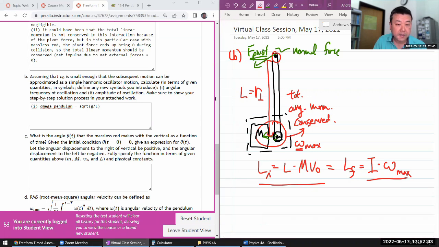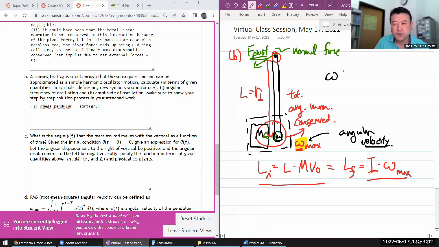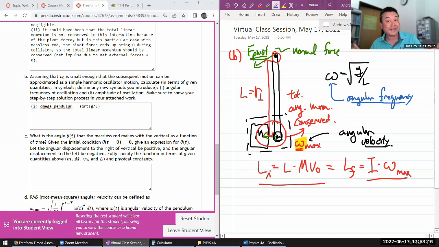Okay, and the amplitude of oscillation. Oh, I should be careful here. It's just as a note, this omega here, what I'm calling angular velocity, make sure you don't confuse that with omega equal to the square root of g over L. In situations like this, I would be fastidious about calling this angular frequency, because these two things refer to two different angles.